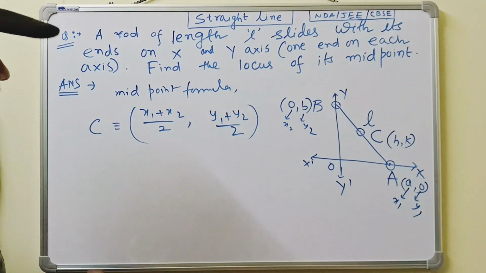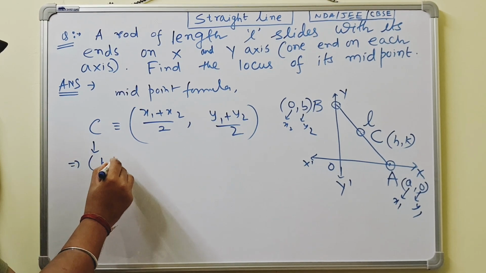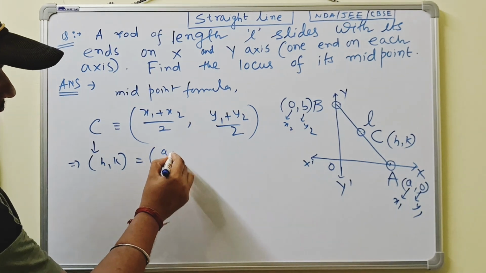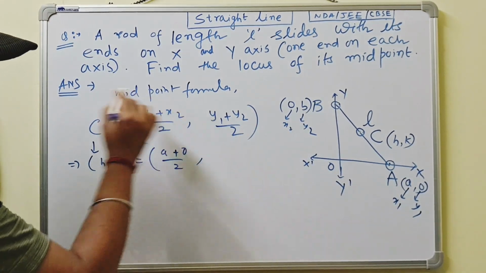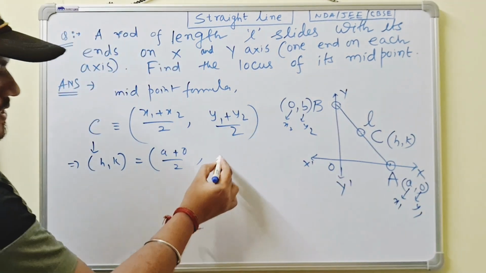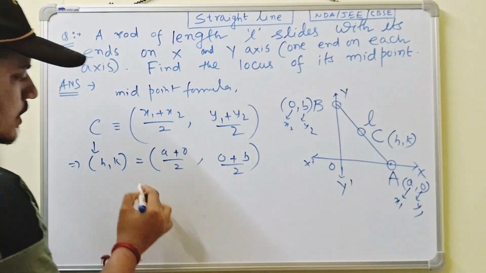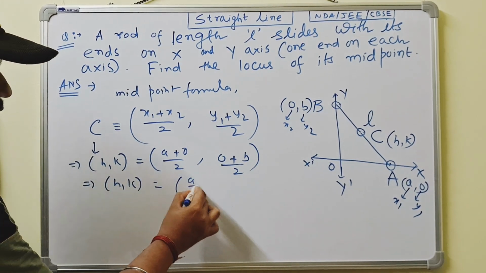So C, that is (h, k), equals: substitute x1 by a, x2 by 0, divided by 2, as well as y1 by 0 and y2 by b, divided by 2, which gives (h, k) equals (a by 2, b by 2).